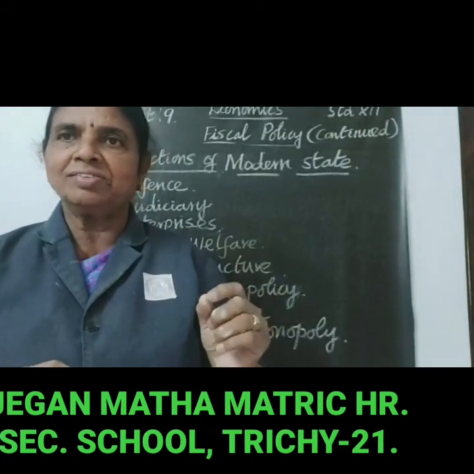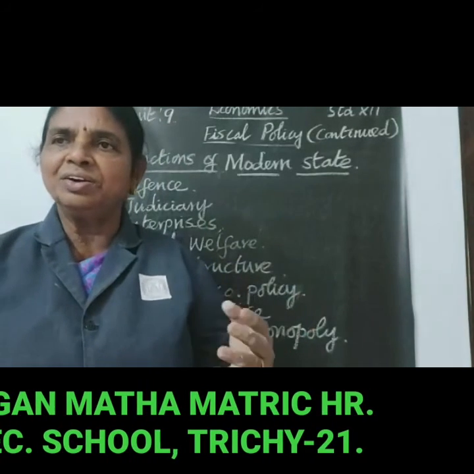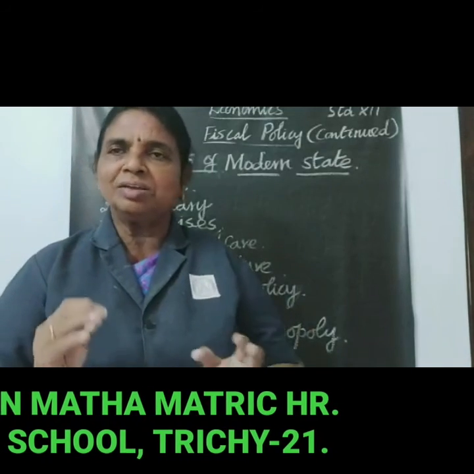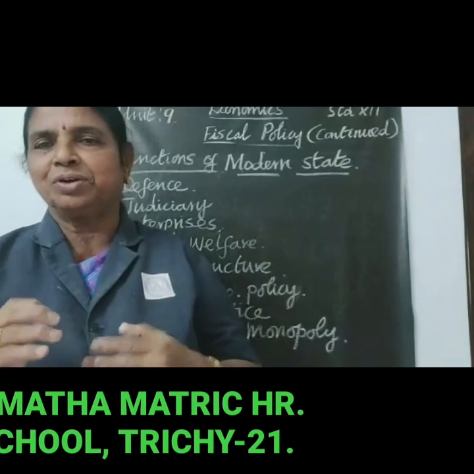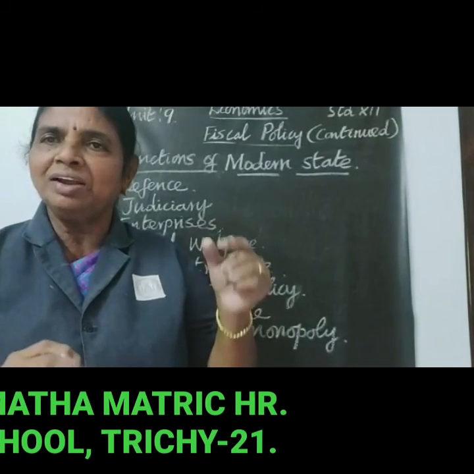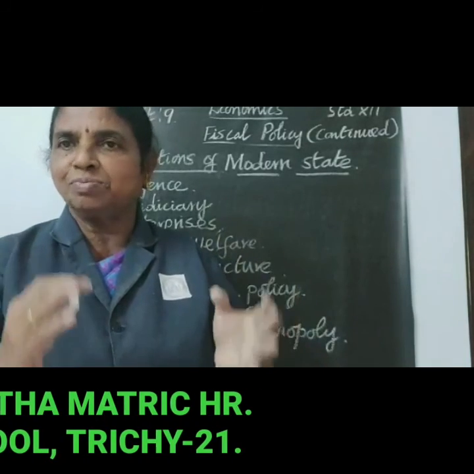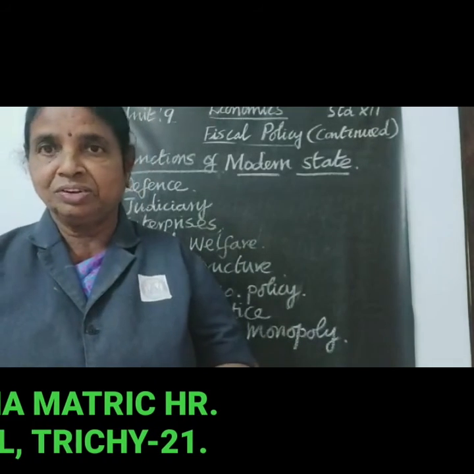The government plays the roles of producer, supplier, and regulator of the economic systems to make the people live in peace and prosperity. So the main aim of the modern state is to make its people live in peace and prosperity.